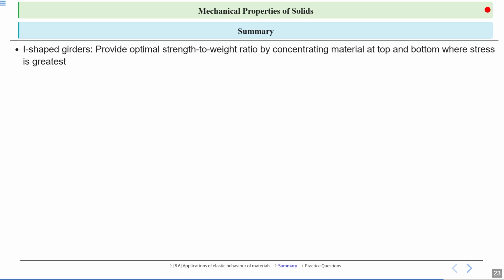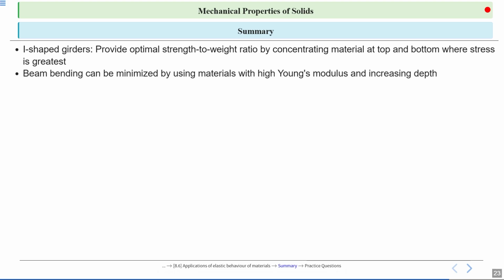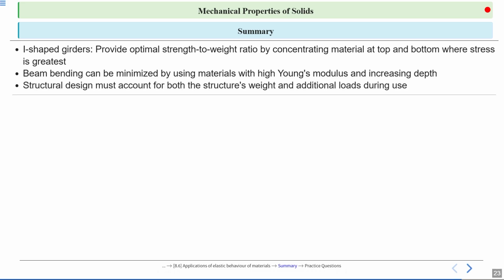So I-shaped girders provide optimal strength to weight ratio by concentrating material at top and bottom where stress is greatest. And beam bending can be minimized using materials with a high Young's modulus and increasing depth. Structural design must account for both structure's weight and additional loads during use.